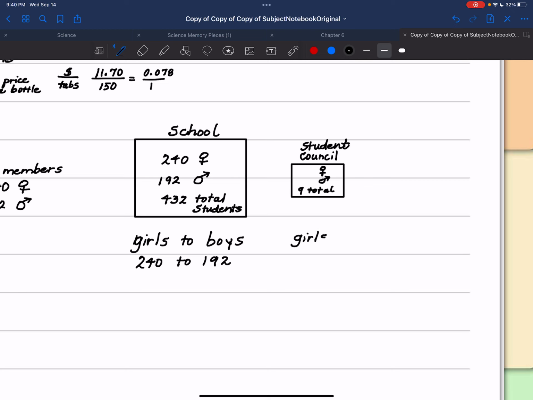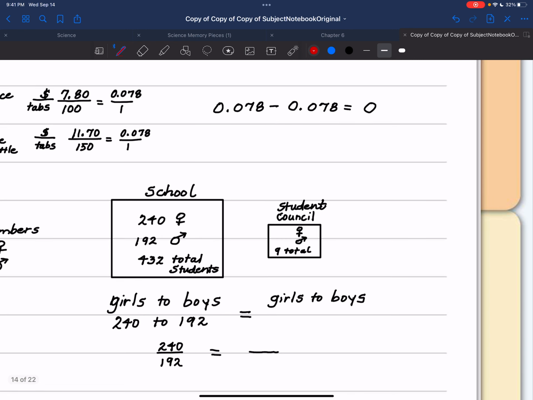And that's going to be the same as the ratio of girls to boys on this group. Now, it can't be 240 to 192 because there are only 9 people on the student council. But what they're saying is that the two are proportionate, that they form a proportion. So 240 to 192 will pass the proportion test when we get this other ratio. But we have to figure out the other ratio. How many girls and how many boys are on the council? So I'm going to pick the girls first, just because they're in line first here.